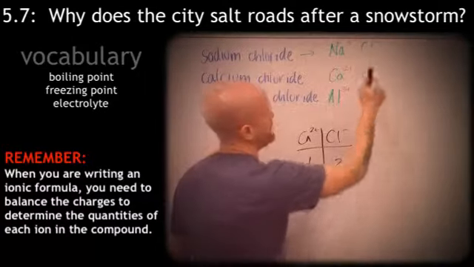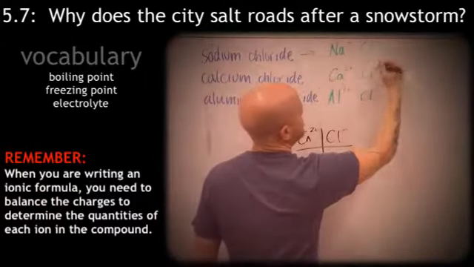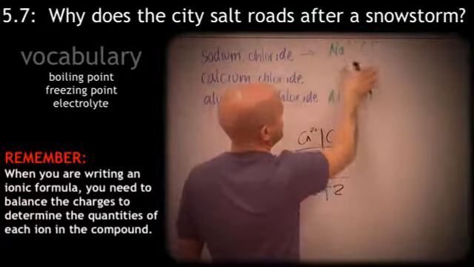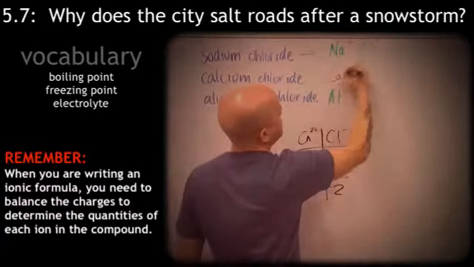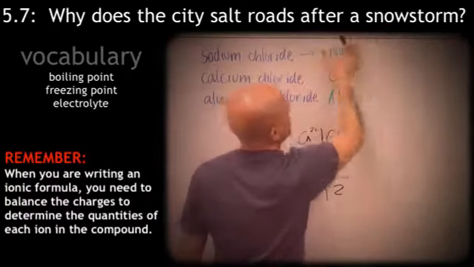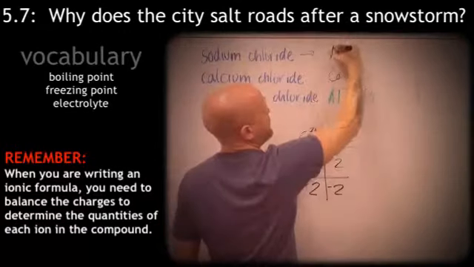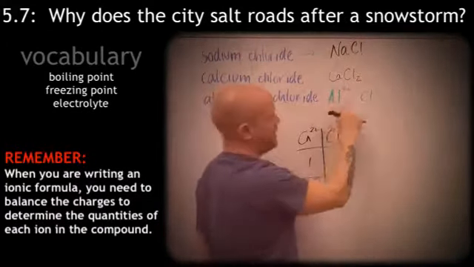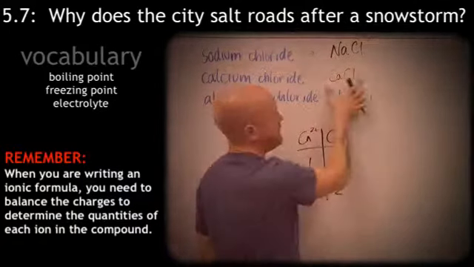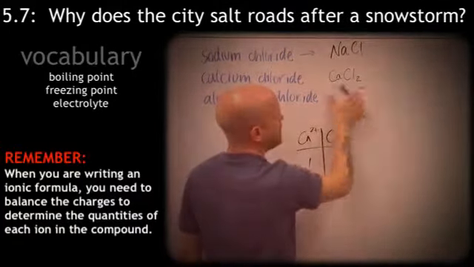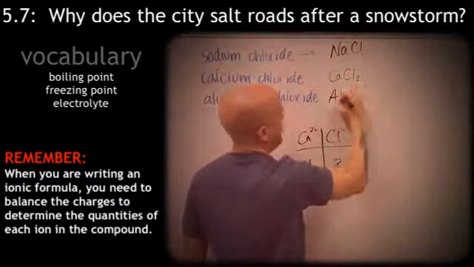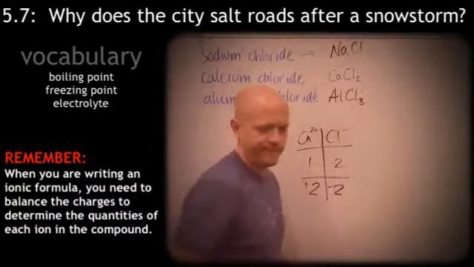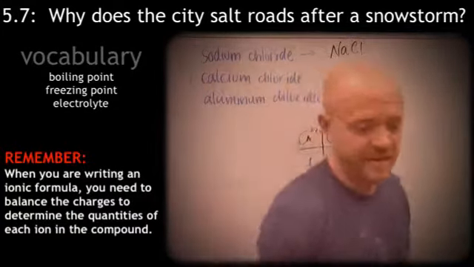So the formula for calcium chloride is CaCl2. The formula for sodium chloride is NaCl, 1 to 1. Looking at aluminum, for every 1 aluminum, you need 3 chlorines. So aluminum chloride is AlCl3.